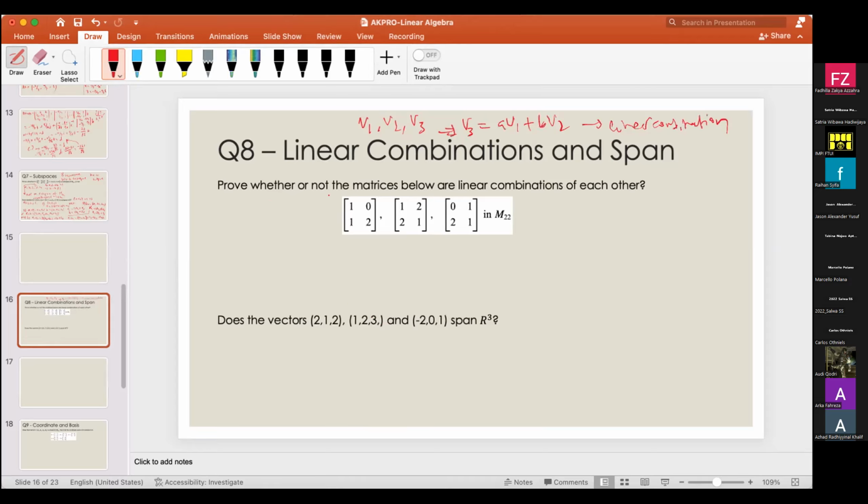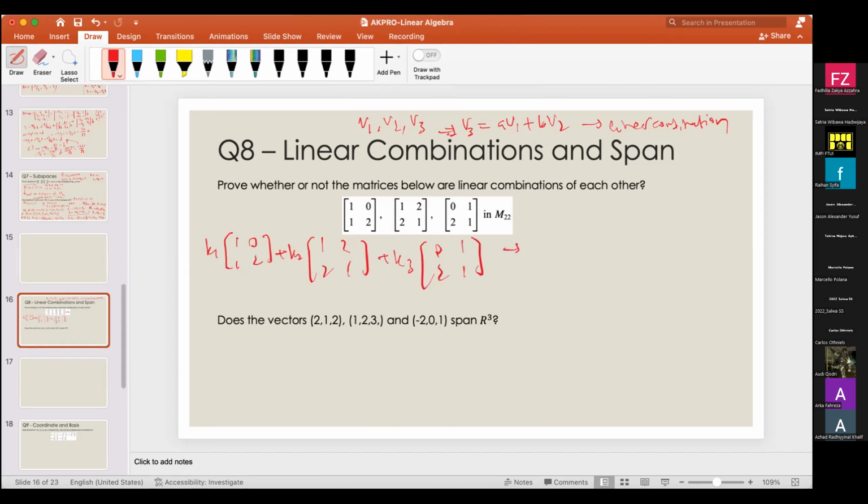Okay, so now we're going to prove whether or not the matrices below are linear combinations of each other in M2. In order to do that, we have to write this equation: K1 times 1102 plus K2 times 1221 plus K3 times 0211.